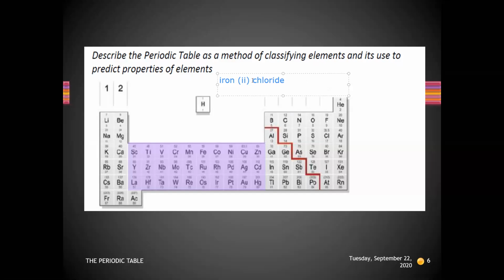Same way, if I say iron 3 chloride, it means iron has lost 3 electrons from its outer shell. So the Roman number written beside the compound will decide the valency or oxidation number.